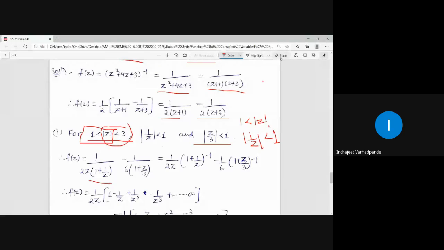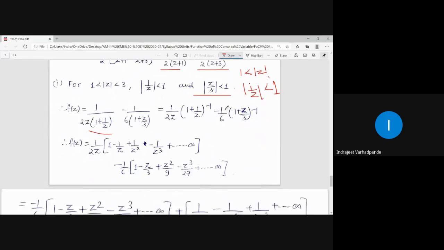Clear? So expansion of the terms. This 1 upon 2z is kept as it is. 1 plus 1 by z raised to power -1. Apply binomial expansion. Raise this bracket to the power as -1 and then we apply binomial expansion.